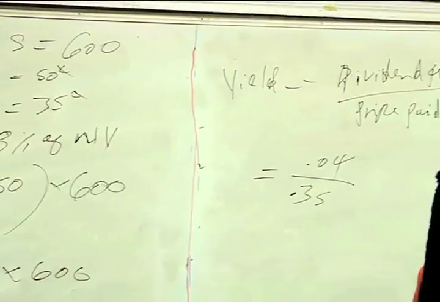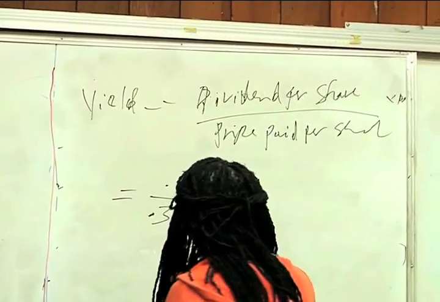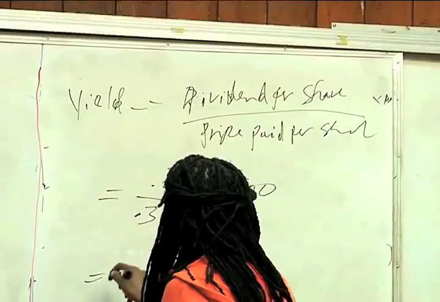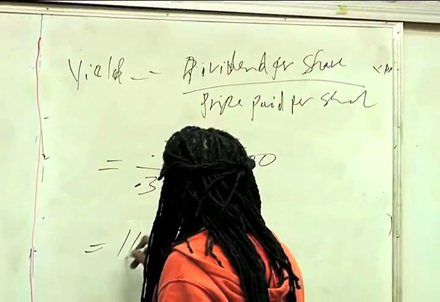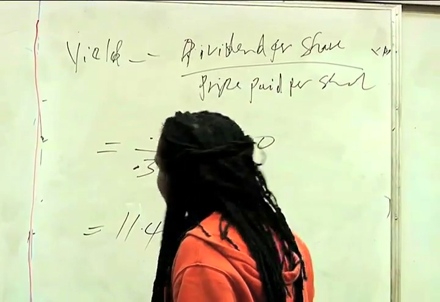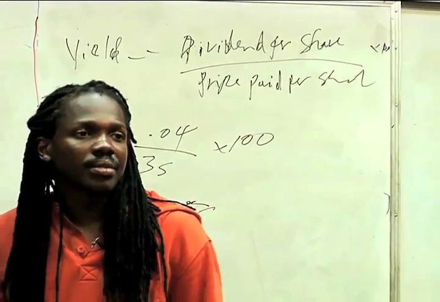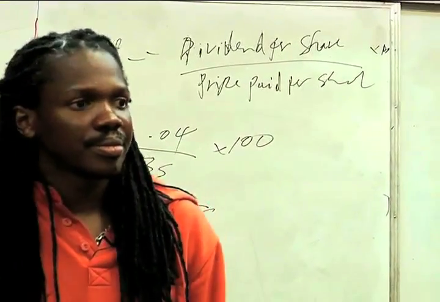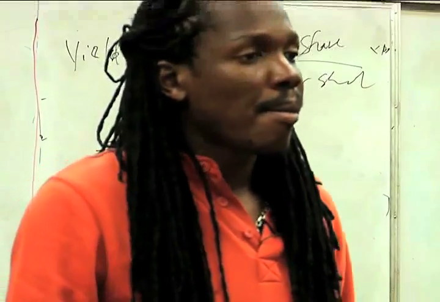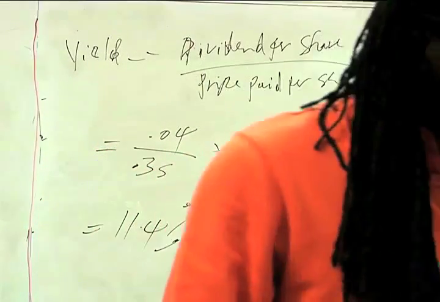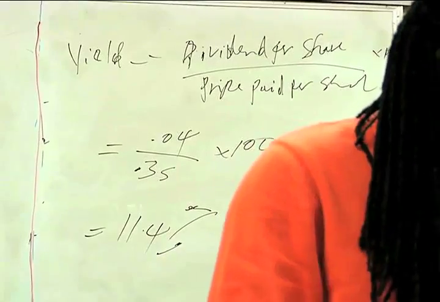You see that? Times 100 gives 11.4. 11.4 what? Percent. Yield is in percentage. So it's simple? Very simple. It's so simple that I have to give you another one.